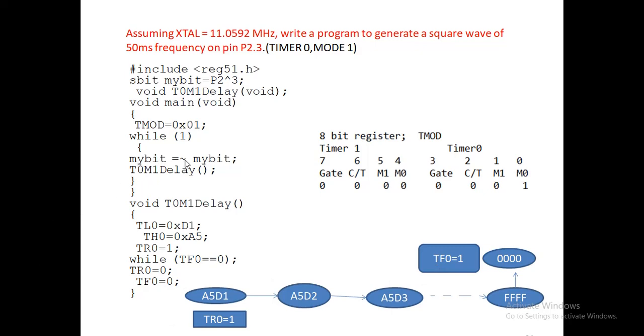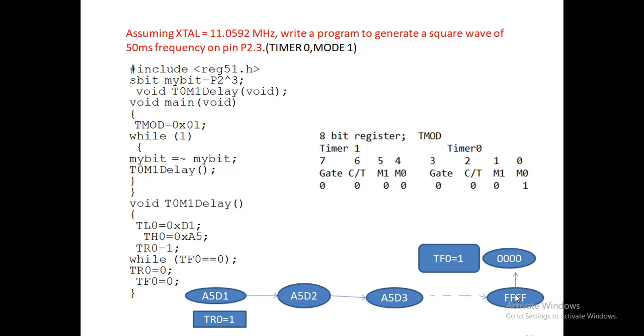Again complement my byte, and again it will go for the delay function, and again you load the value. It is not that D1 A5 is loaded in TL0 TH0 only once. Again run the timer, and once it gets overflow, again you make TR0 equal to 0, TF0 equal to 0.